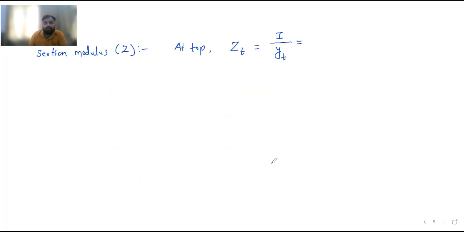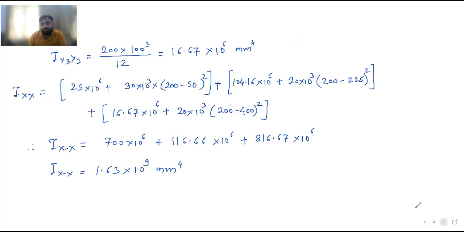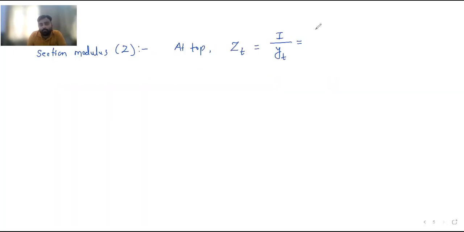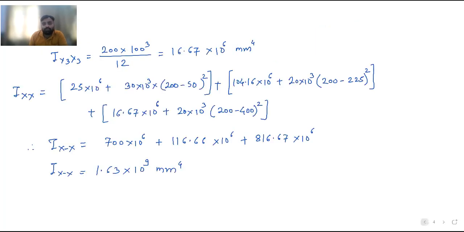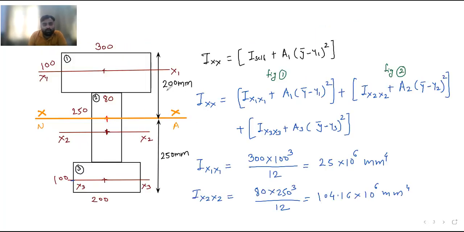Here I is the moment of inertia we just calculated, 1.63 into 10 raised to 9, divided by y top. This 200 is your y top and this 250 is your y bottom.